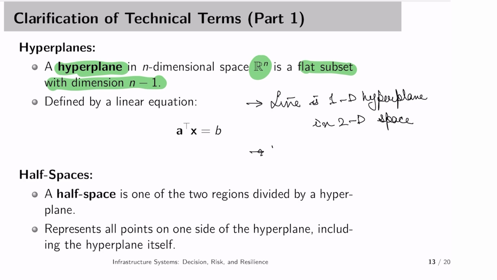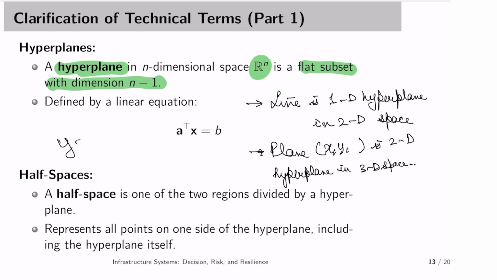Similarly, a plane, which we typically represent by x, y, z, is two dimensional. In fact, the xy plane is a two dimensional hyperplane in 3D space.